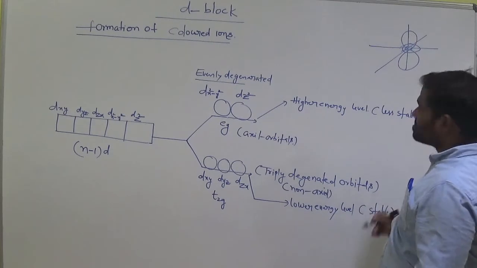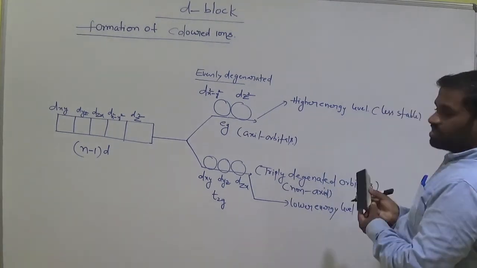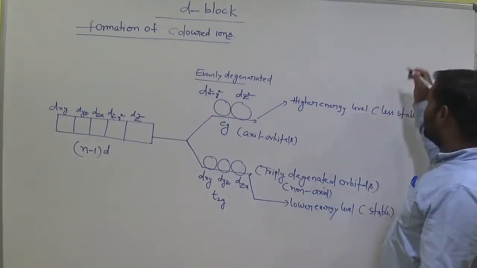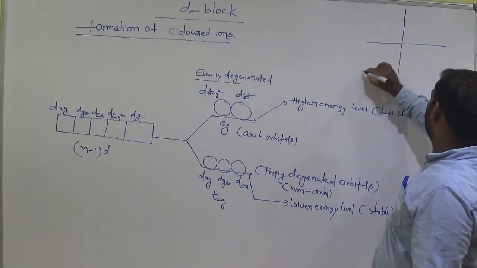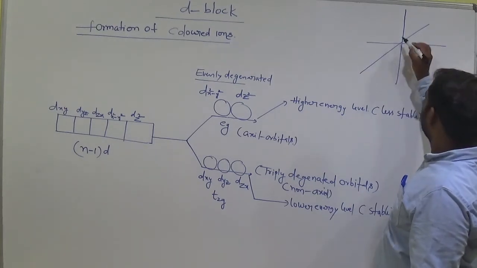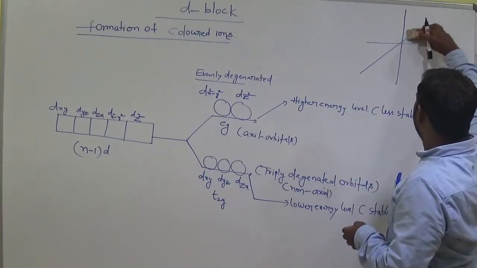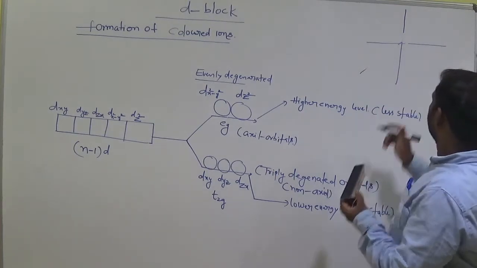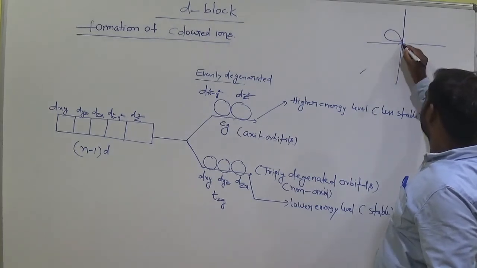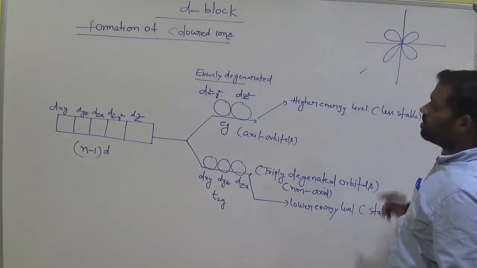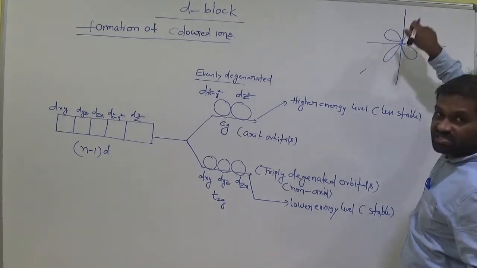The orbital which is on the axis is called axial. The non-axial ones are in between the axes, not on the axes.